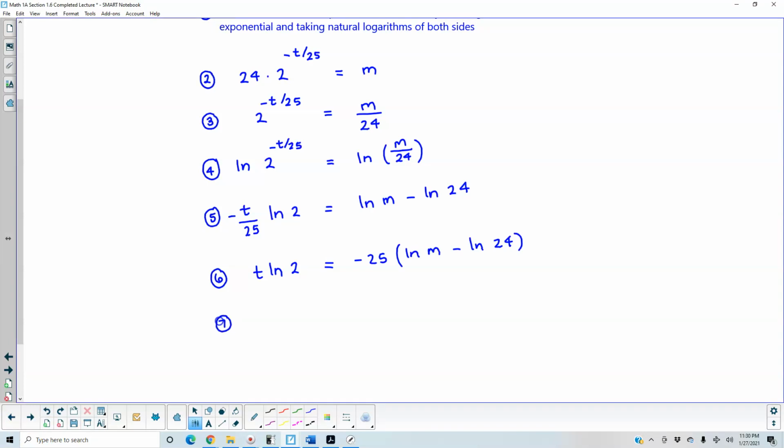Before we go any further, let's distribute this negative in front of the 25. So we're going to have 25 times negative the natural log of m, and then the negative natural log of 24 is going to become positive.